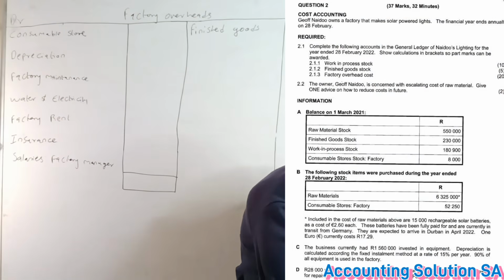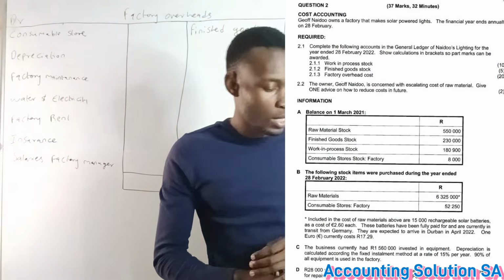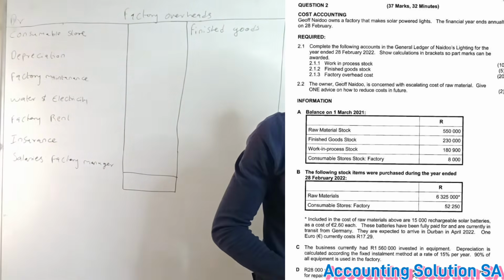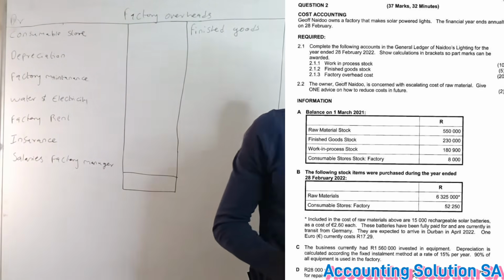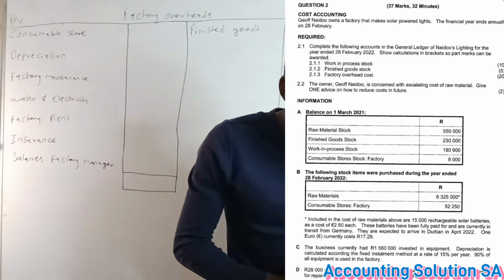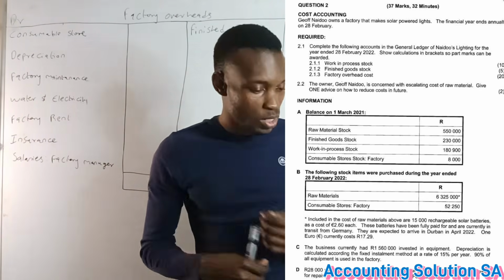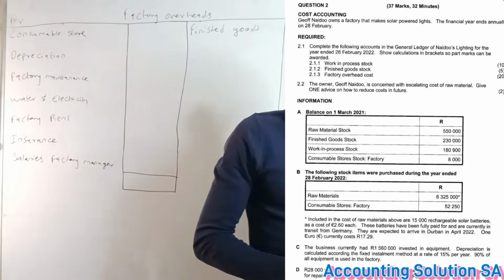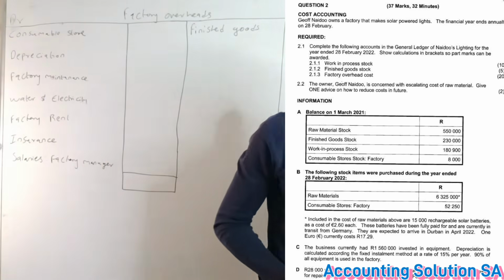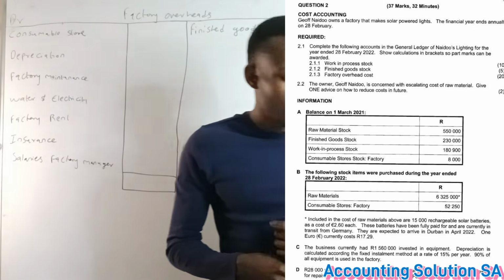Okay, so the question paper that we have, on the first required, they said that we have to complete the following account in the general ledger of Naidu Lighting for the year end 28 February 2022. Okay, then they said show the calculation in a bracket so that the part mark can be awarded.